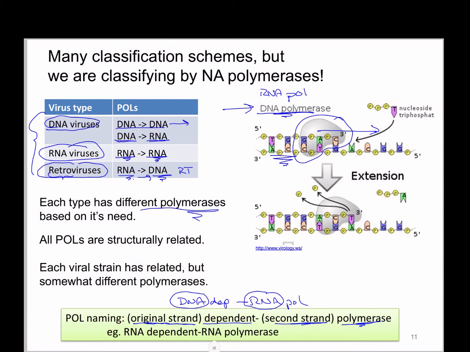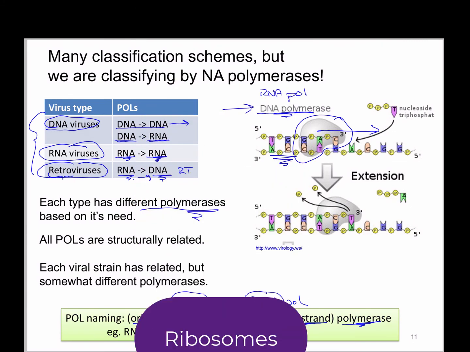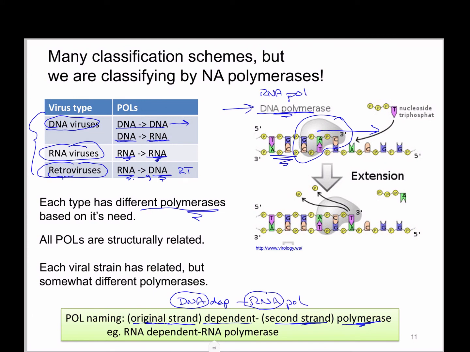But, of course, phylogenetically, they've each mutated differently, so they're going to be somewhat different. So just as we looked at bacteria having slightly different ribosomes than we have, we can also look at these DNA and RNA pols as being different between viruses and us and between different viruses themselves. So even different viral strains are going to have somewhat different forms of these polymerases.